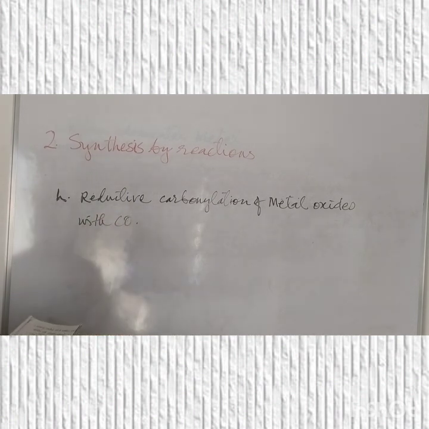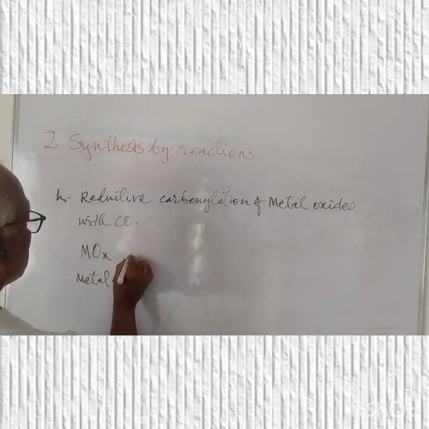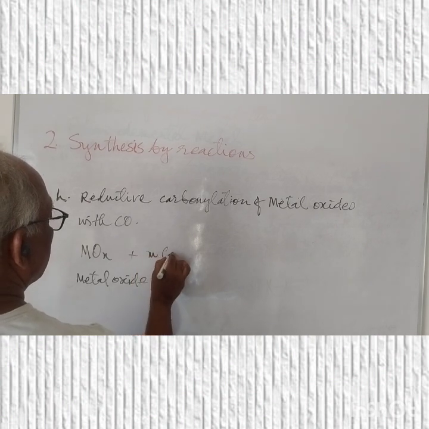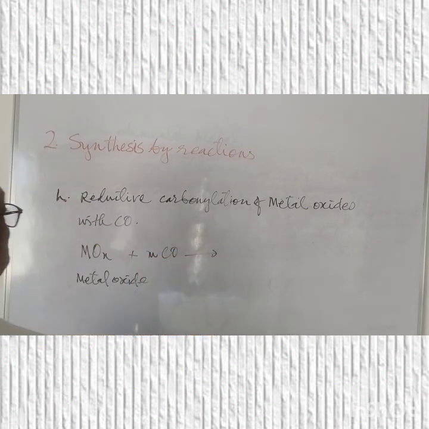We can generally represent this as, if we take the metal oxide such as MON, this is our metal oxide. And if we add to this carbon monoxide, it is M carbon monoxides.